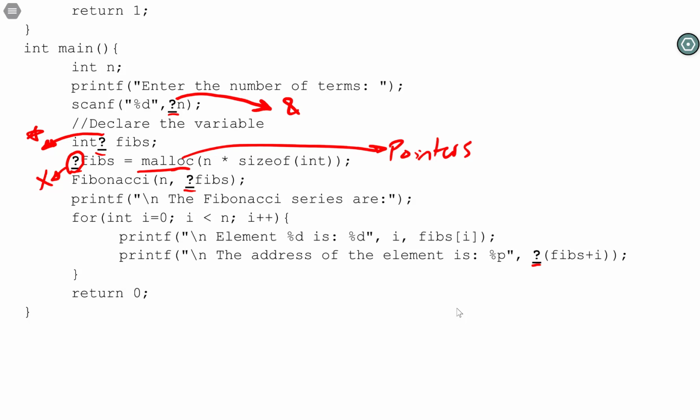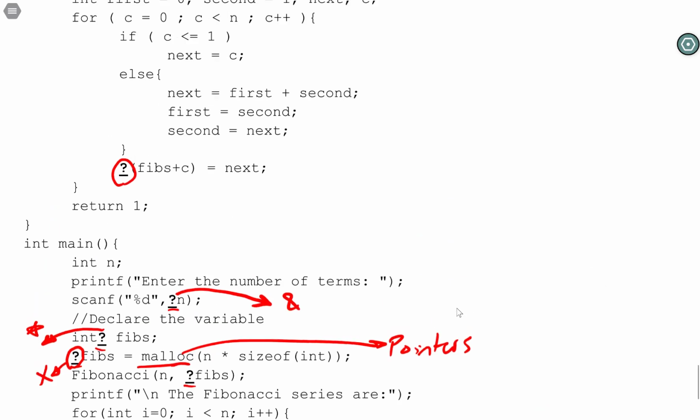And then after that, I have febs plus i, and here it's writing the address of the element. So febs is an address, right? Plus i is giving this address, the next address, the next address. This means that I just want to remove this, right? If you put the AND operator, you are getting the address of the pointer itself, not the address of what it is pointing to, right? So the right answer here is just removing the question mark.